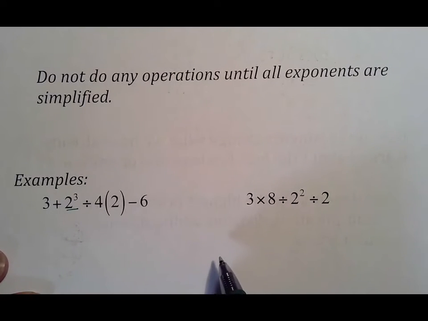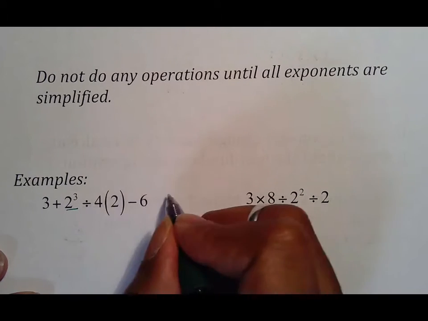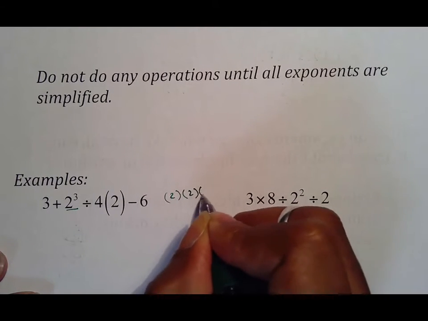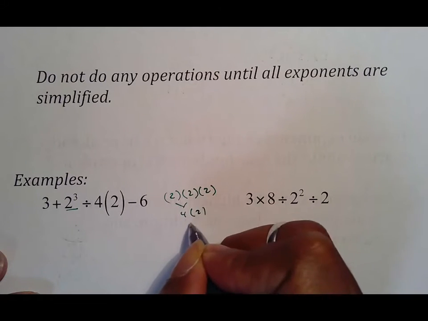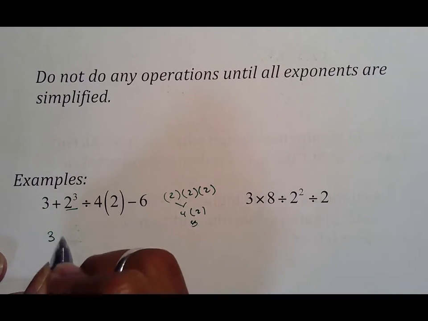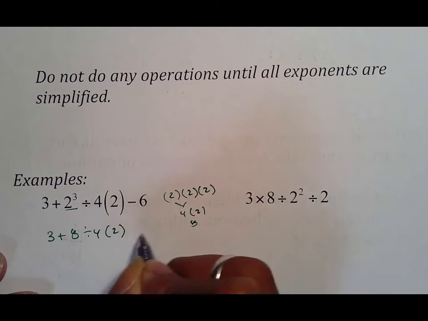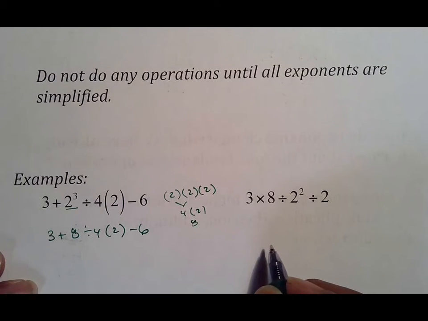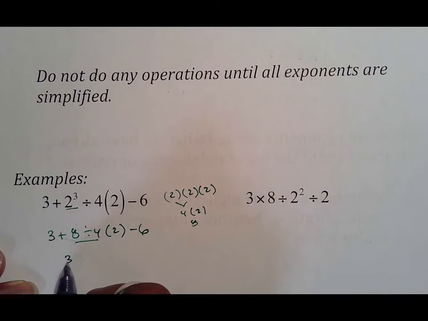On scratch paper, you can do 2 to the third on your calculator if you want, but on scratch paper that means 2 times 2 times 2, which is 4 times 2, or 8. And so I rewrite the 3 plus, that turns into 8 divided by 4 times 2 minus 6. Now all the exponents are gone, so my first teacher is here.